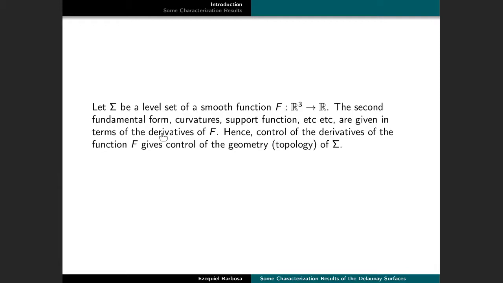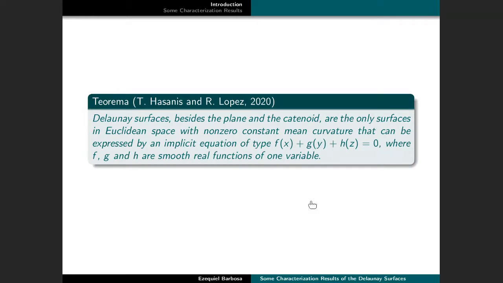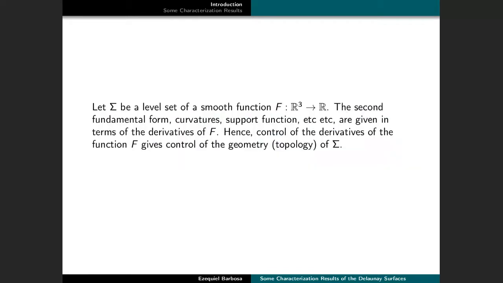Okay, so we would like to extend the set of functions for which we can study the level sets, beyond polynomial functions, or separable variables functions like this one. We take a function f with a control on its derivatives, and then we get a control on the geometry or the topology of the surface, and then try to classify this surface.